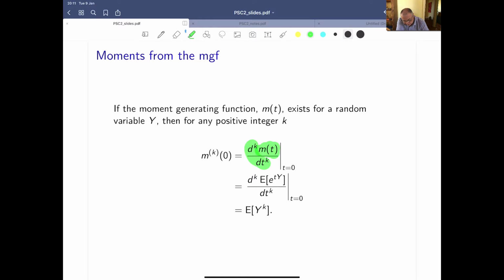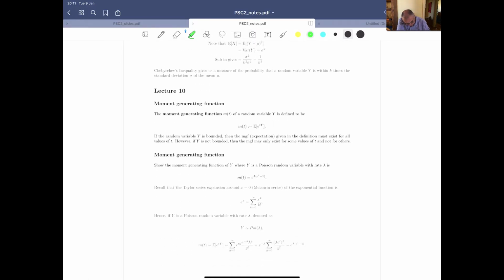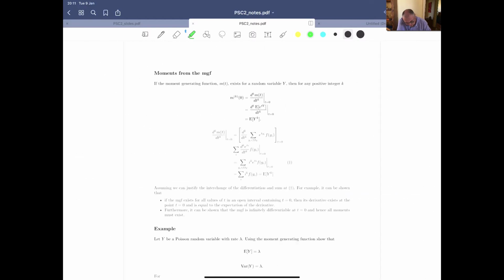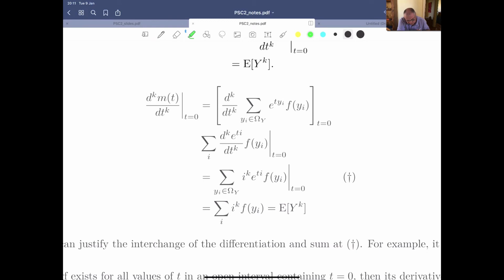Now, where does that come from? Well, if we go through and look here, I've actually shown you a proof of that. The key step in this is we're going to differentiate. Here's my moment generating function.